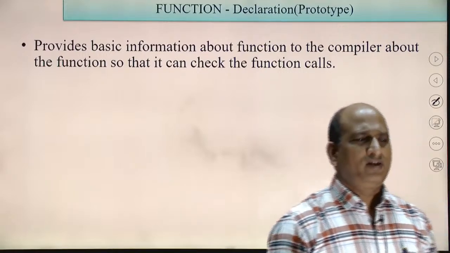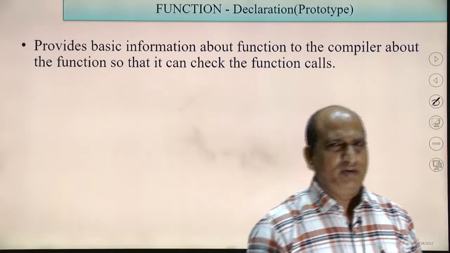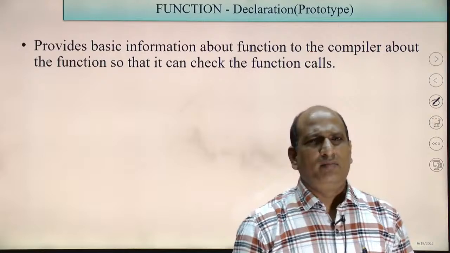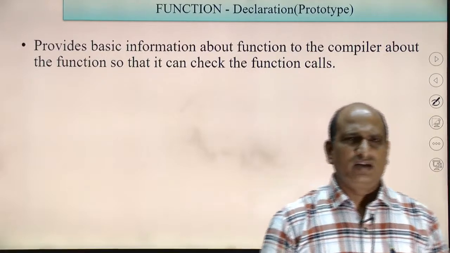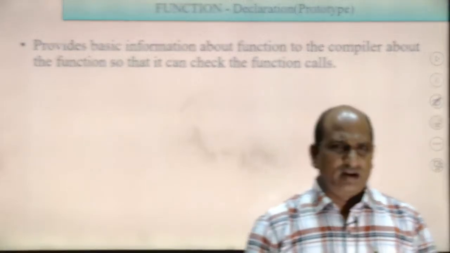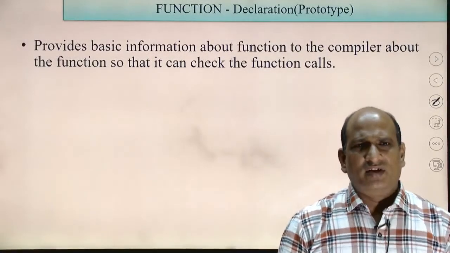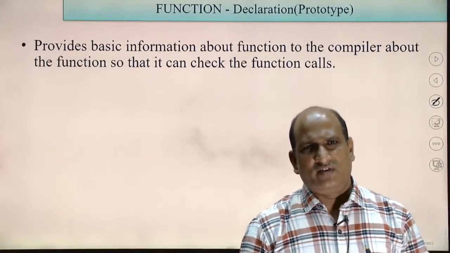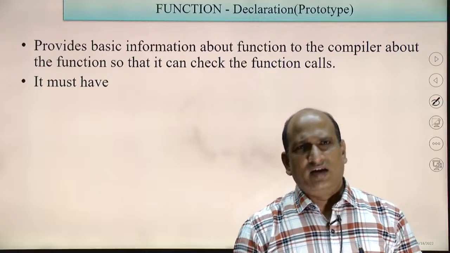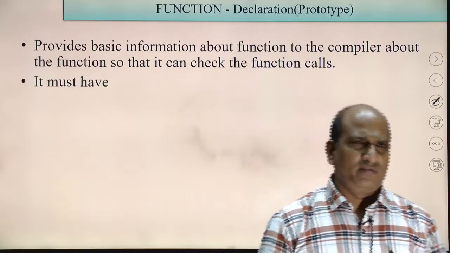Otherwise, whenever we call that function in the main function, main will be unaware of it and will show some error. So to make it aware of those user defined functions, we declare those functions above the main function.